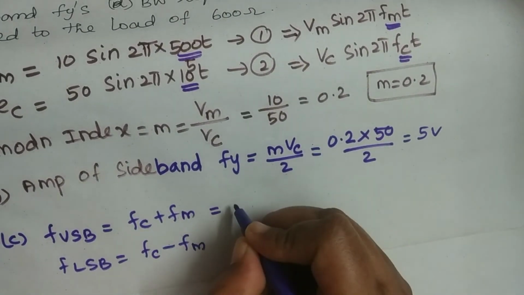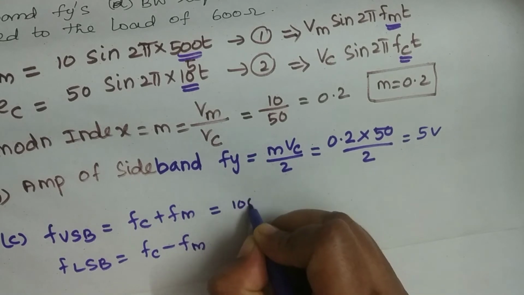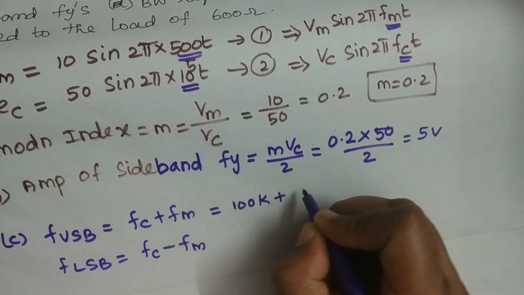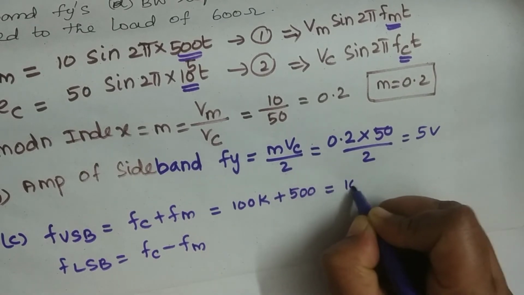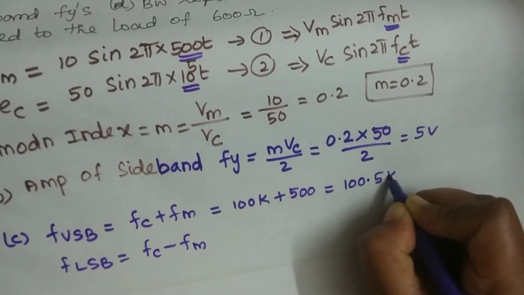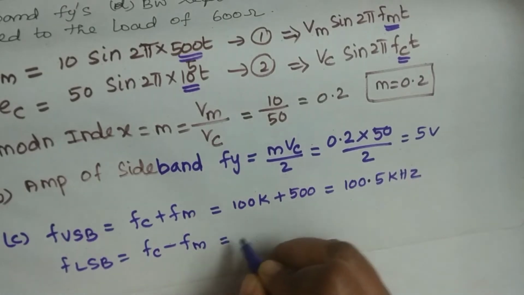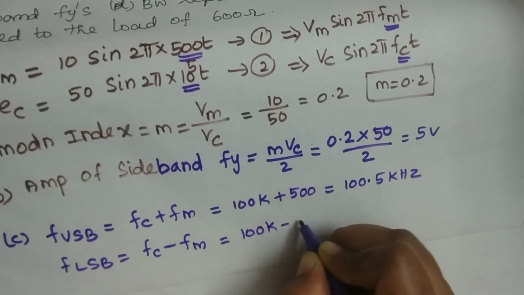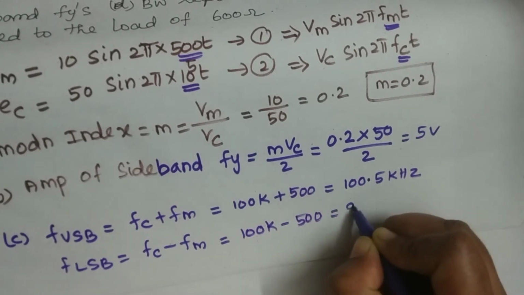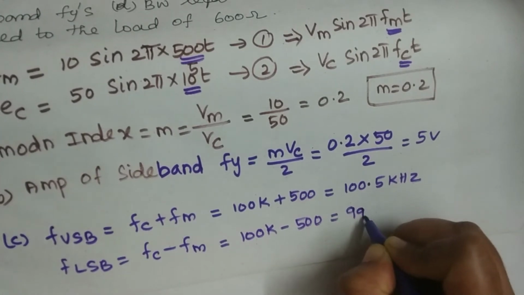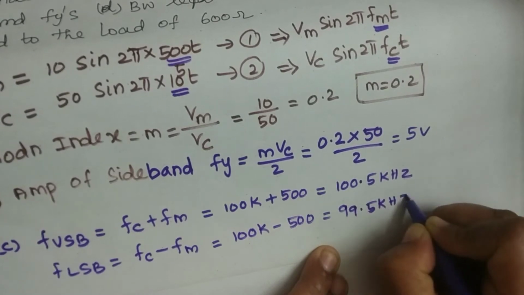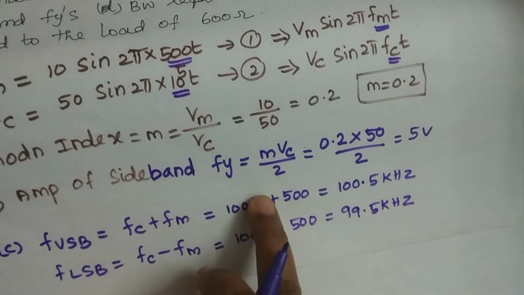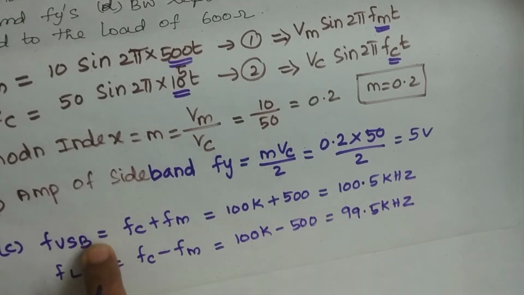So fc plus fm is 100.5 kilohertz, and fc minus fm is 99.5 kilohertz. These are the upper and lower sideband frequencies.